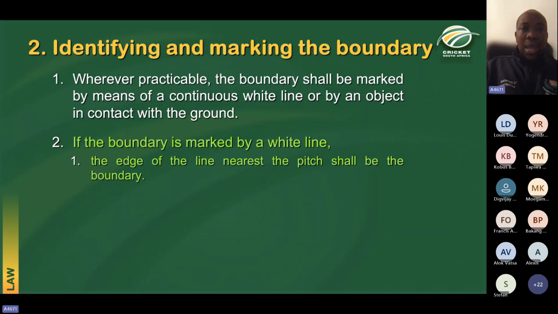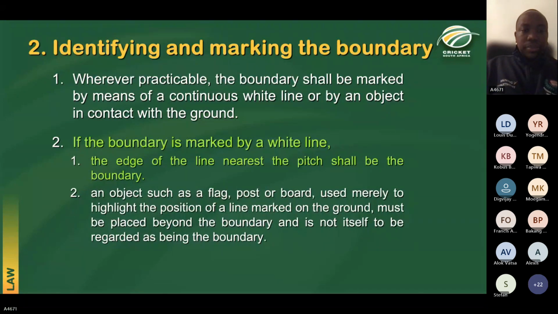So as soon as any part of the ball touches any part of the boundary line, then a boundary is scored. An object such as a flag, post, or board used merely to highlight the position of a line marked on the ground must be placed beyond the boundary and is not itself to be regarded as being the boundary. And we will have some graphics displaying exactly what this point is trying to describe to us.